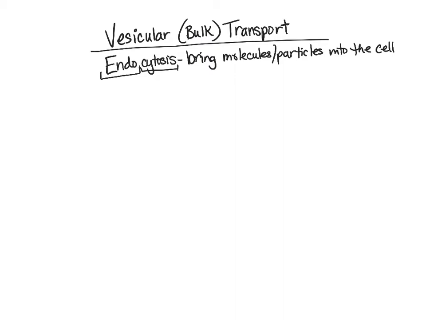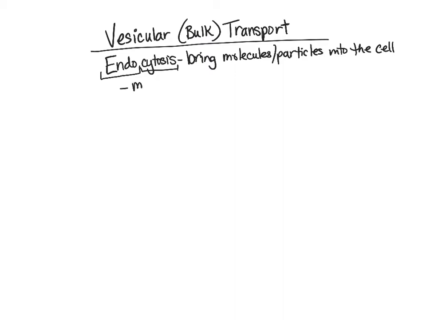So the way this works is that the membrane, the plasma membrane, is going to surround a molecule or surround an object or surround some particles, and then it forms a vesicle. And then that vesicle is going to pinch off from the plasma membrane and then come into the cell.